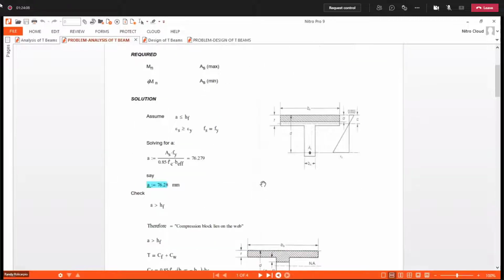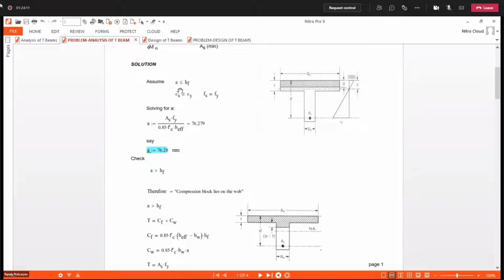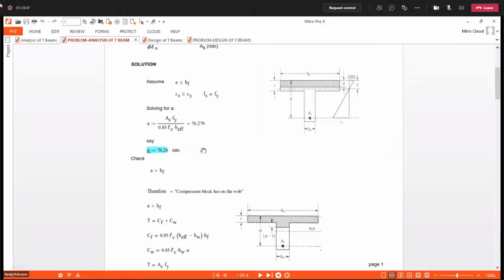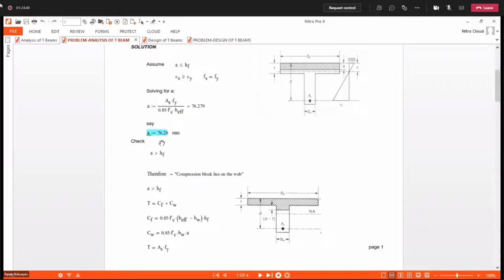No? So in the analysis, we will assume first that A is equal or less than HF. And our assumption is our steel will yield. So ito ngayon yung result, 76.28 millimeters. Then we will check. Okay, so our A is 76.28 millimeters.